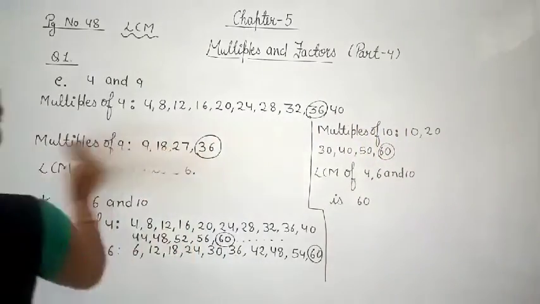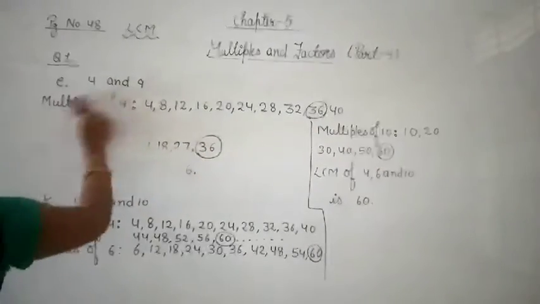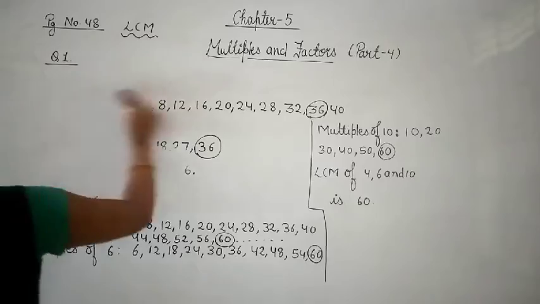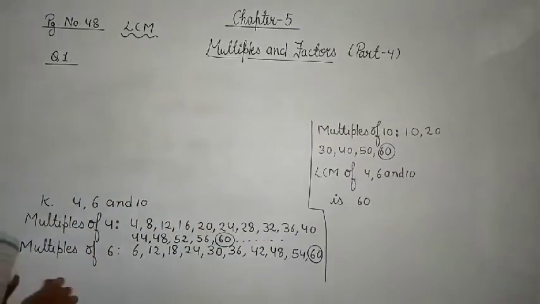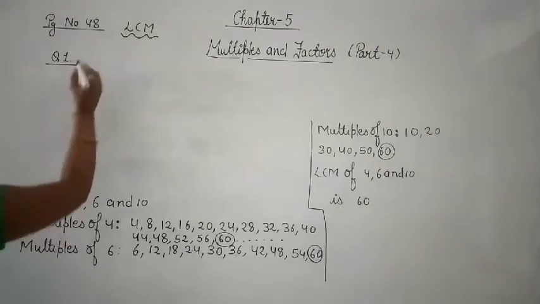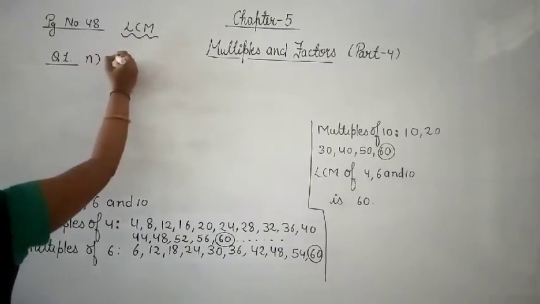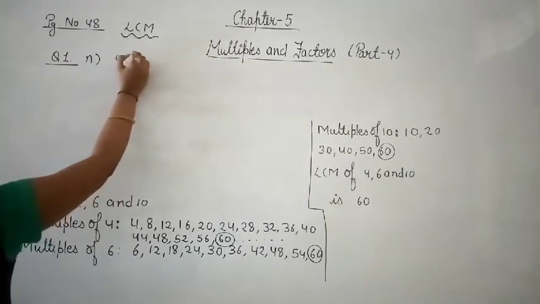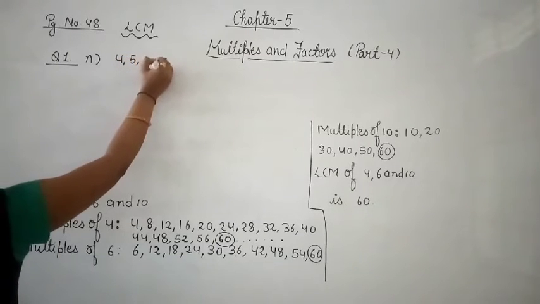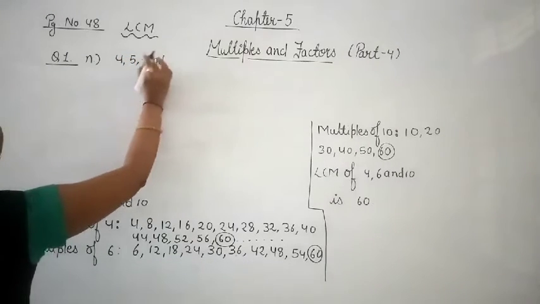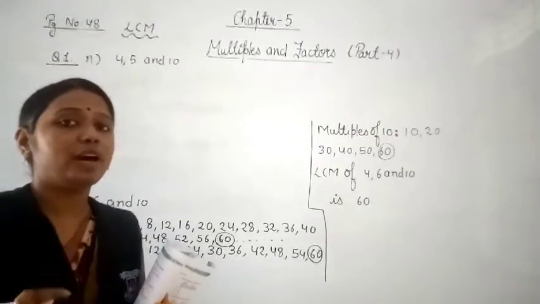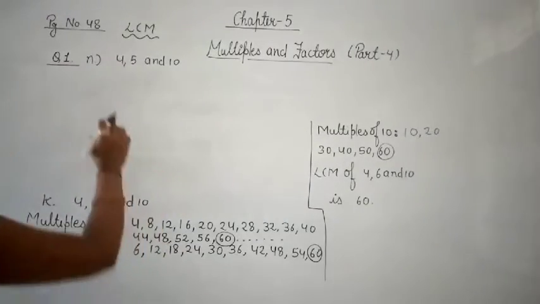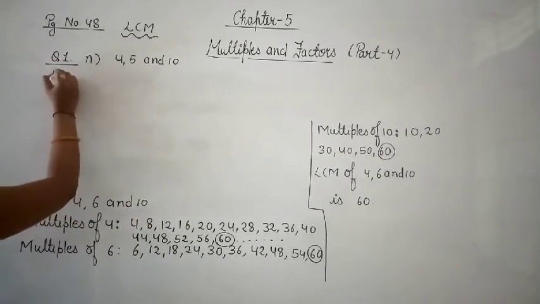Here I am going to discuss the n part of it. In the n part, the numbers given are 4, 5 and 10. So I have to find the LCM of 4, 5 and 10. Firstly, I will write multiples of 4.